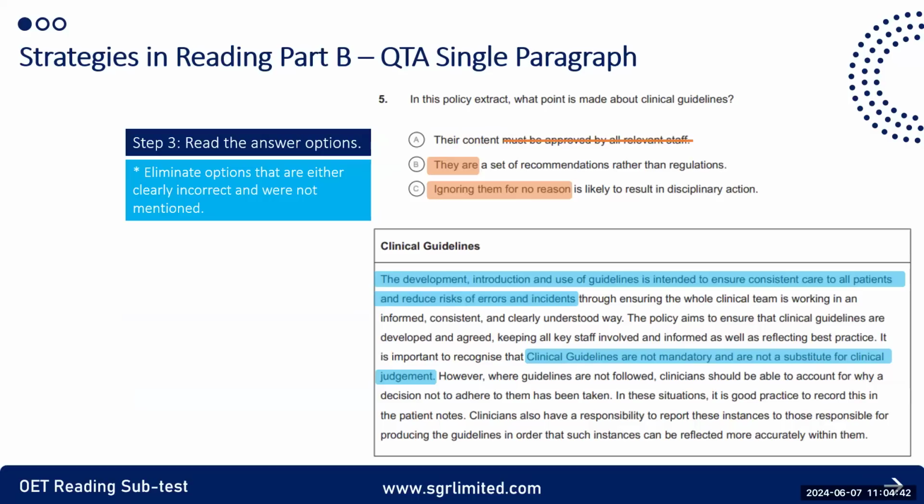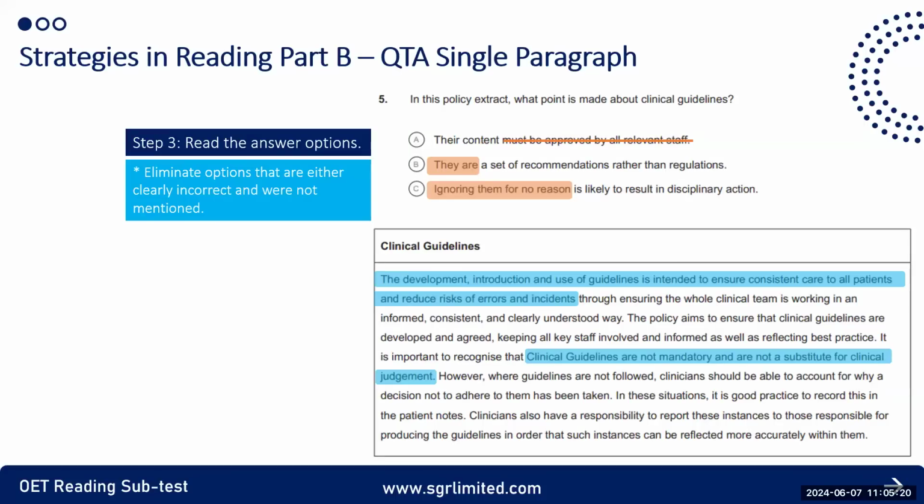That leaves us with option B and option C. Now, if we take a look at option B, again, it says they are, again, referring to the clinical guidelines. Let's take a look at what option B is saying about clinical guidelines. It's saying that it's a set of recommendations rather than regulations. If we take a look at the two parts of the text that we've highlighted initially, could there be a synonym of a set of recommendations?